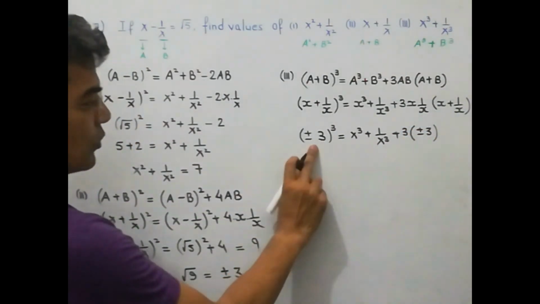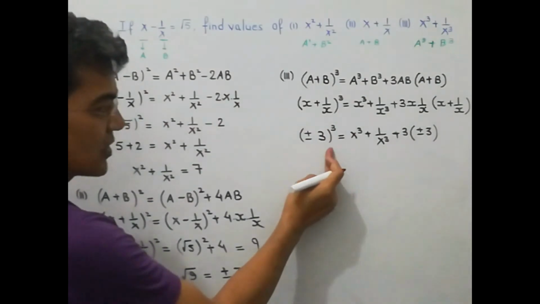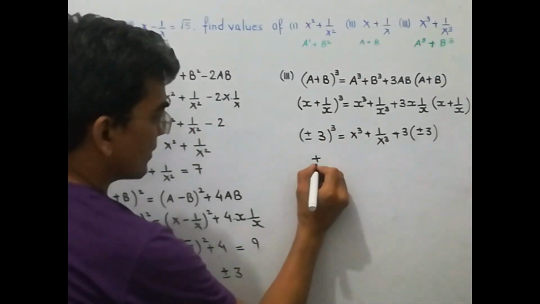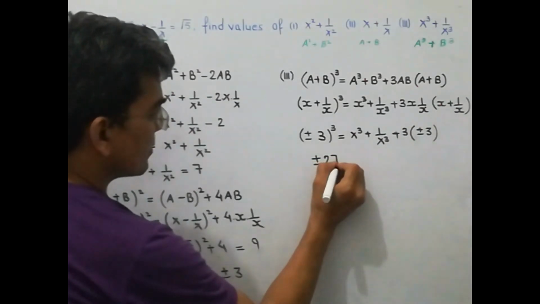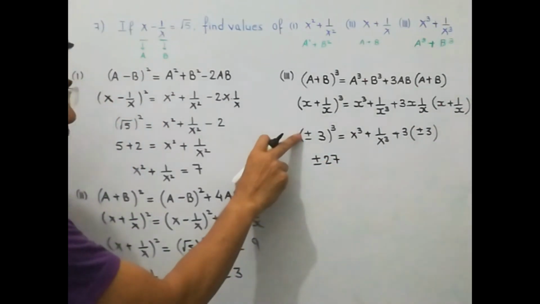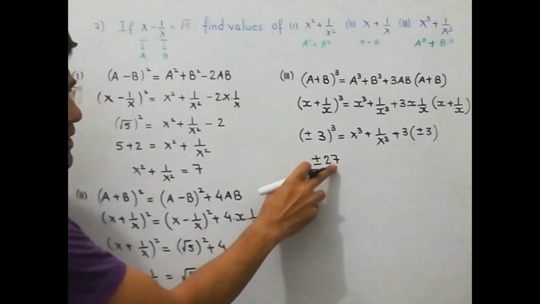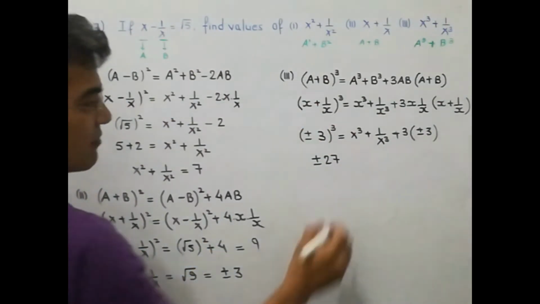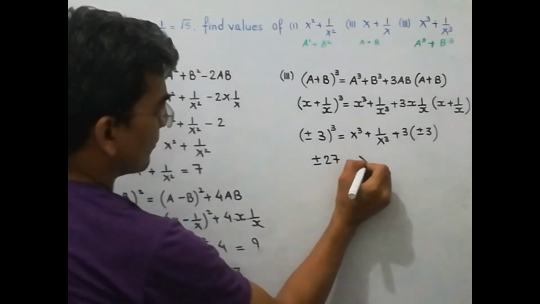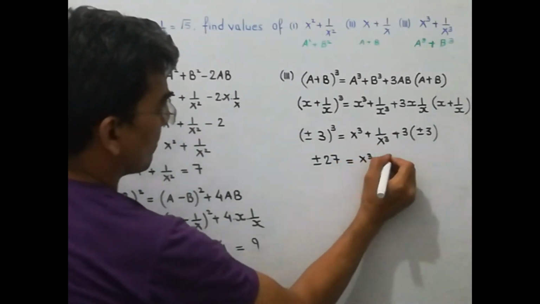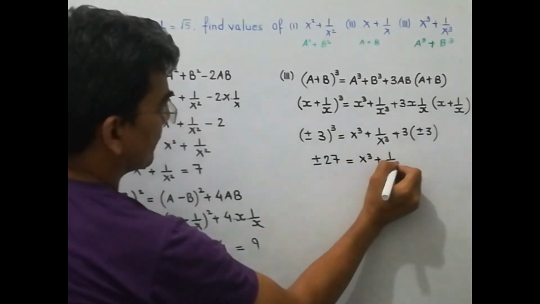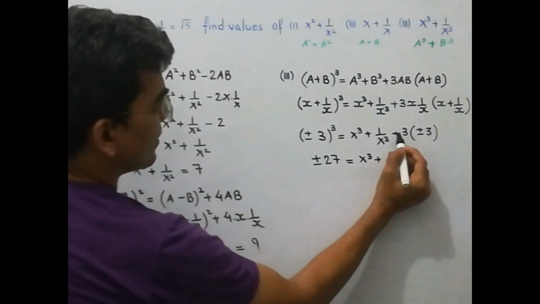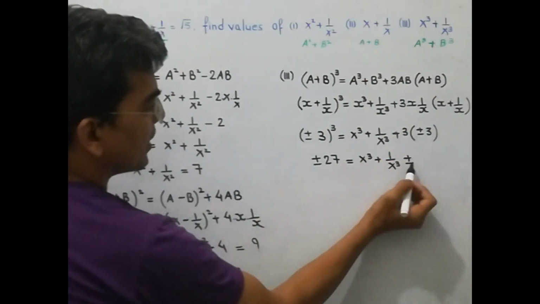Now when you take cube, positive will give positive result, negative will give negative result. So we can write it like this, plus minus 27. Because once we have to take plus 3, so it will give you plus 27. Once you have to take minus 3, it will give you minus 27. Here also plus into plus will give you plus, plus into minus will give you minus.